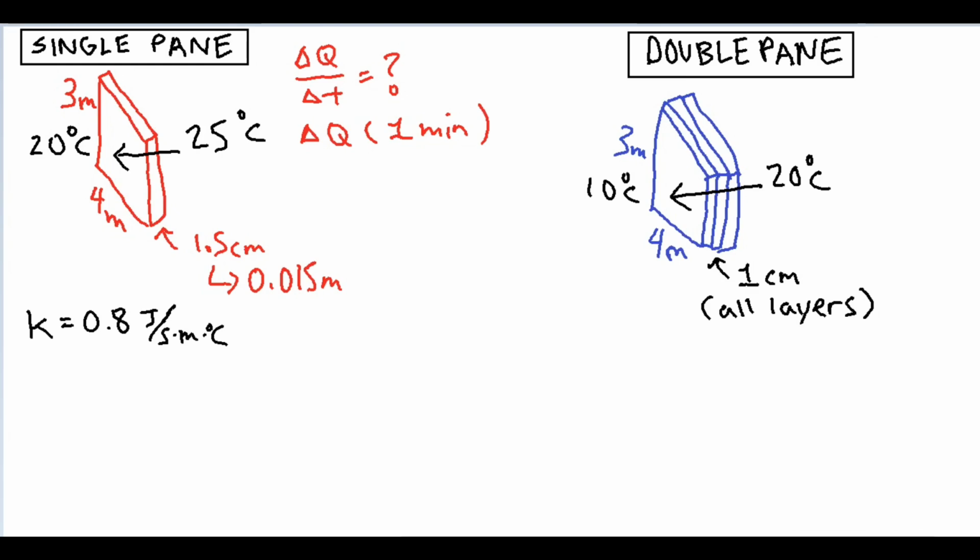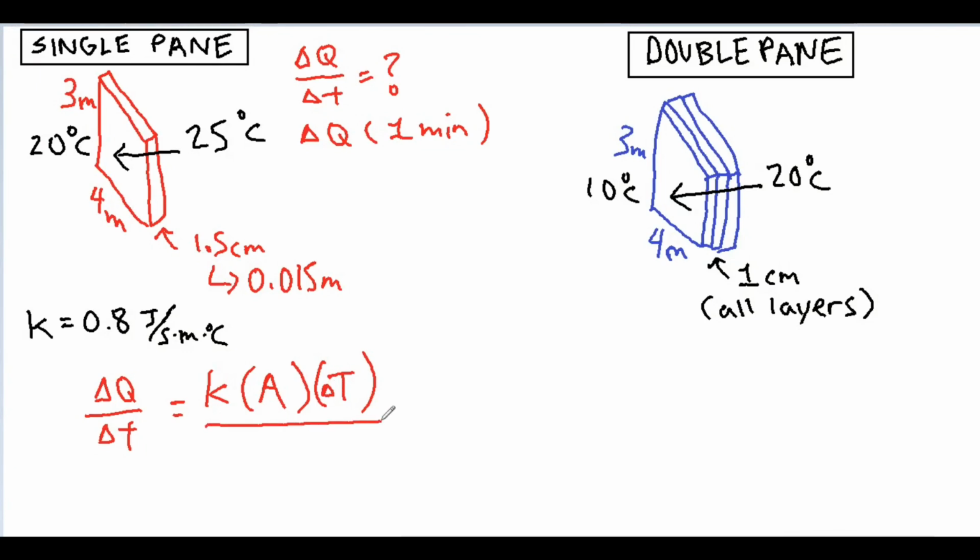Now we're going to use this formula: delta Q over delta T equals our constant times our area times our change in temperature, delta T, and then all divided by L. All right, so we have all of our constants here.